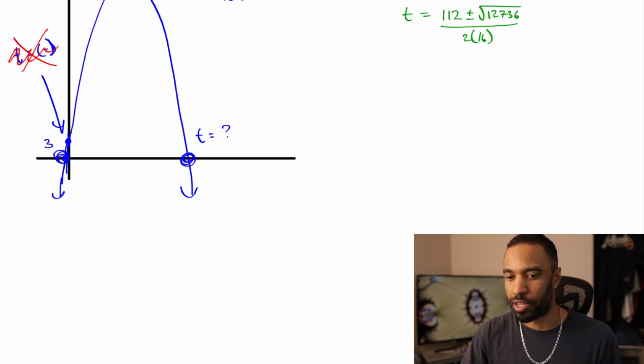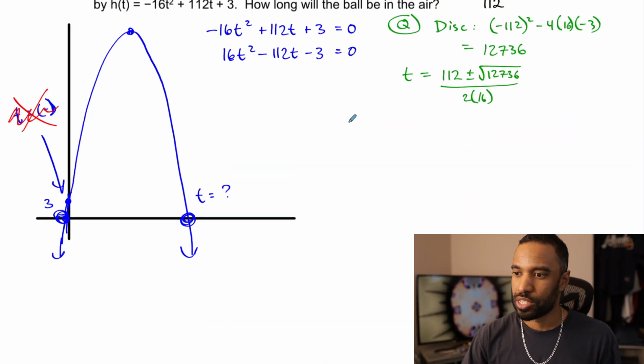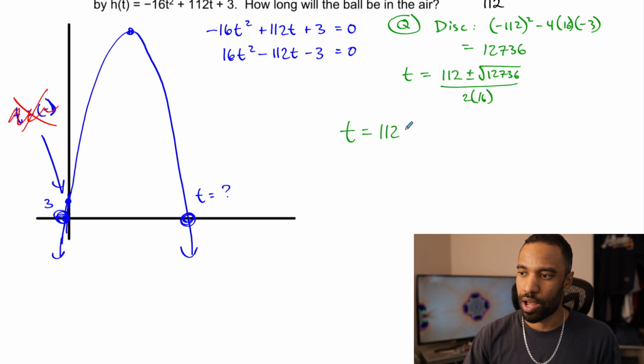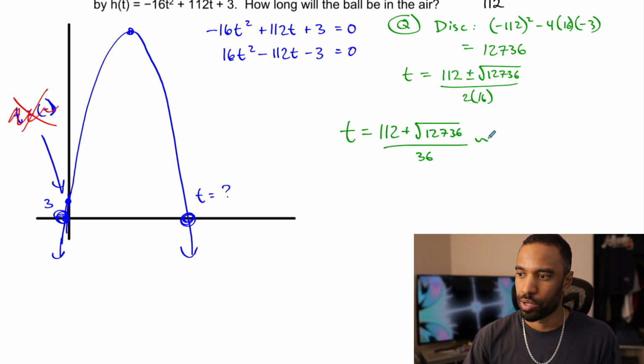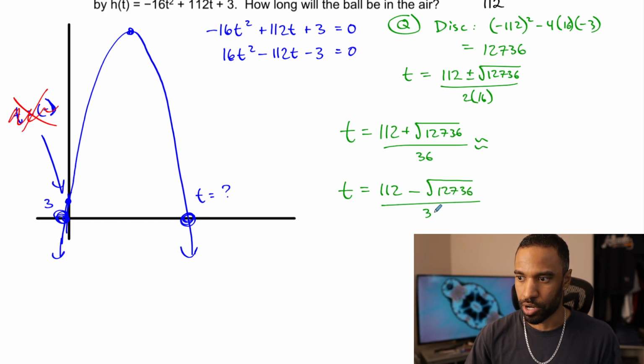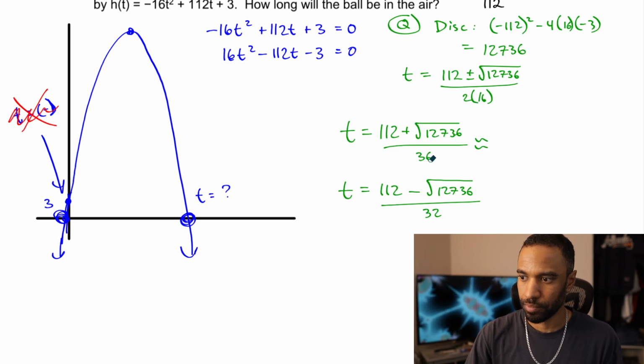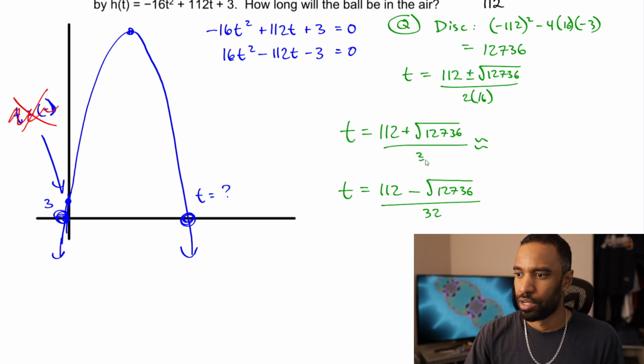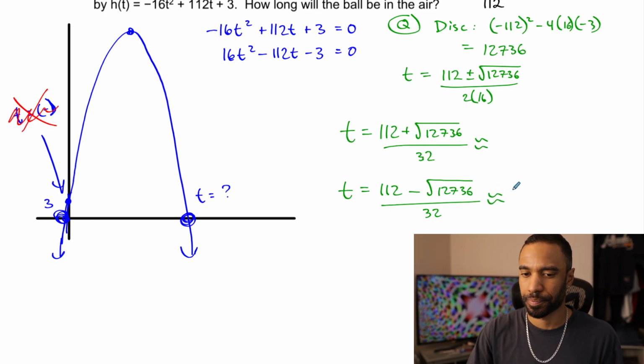So t either equals 112 plus root 12736 over 32, that's 2 times 16, which is about something, or t equals 112 minus root 12736 over 32, which is approximately something.